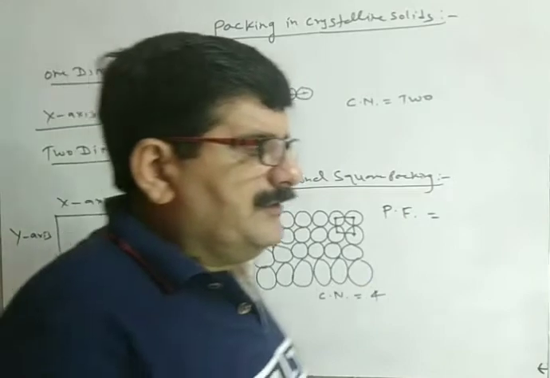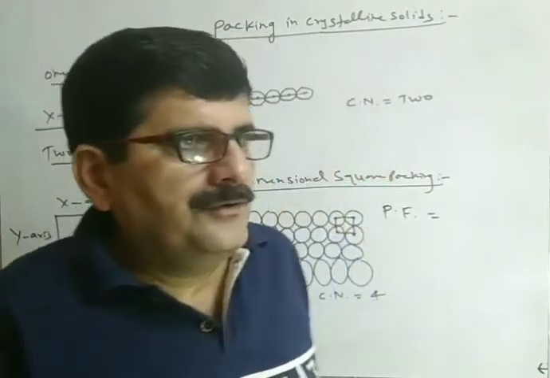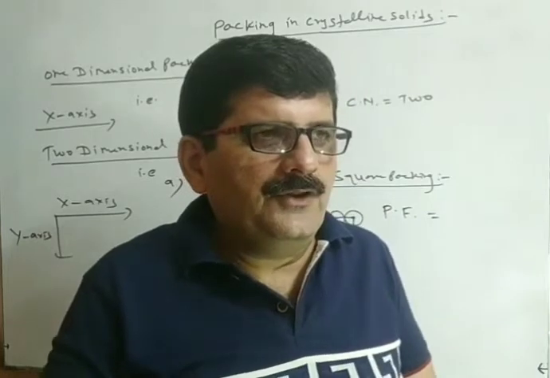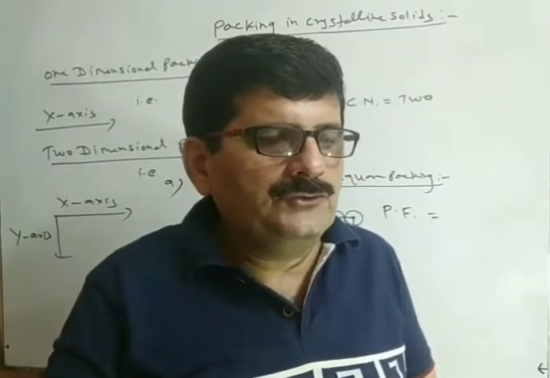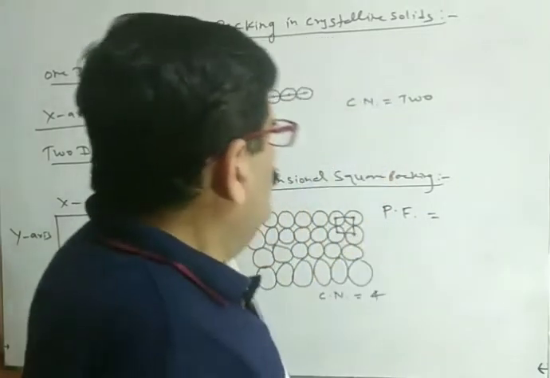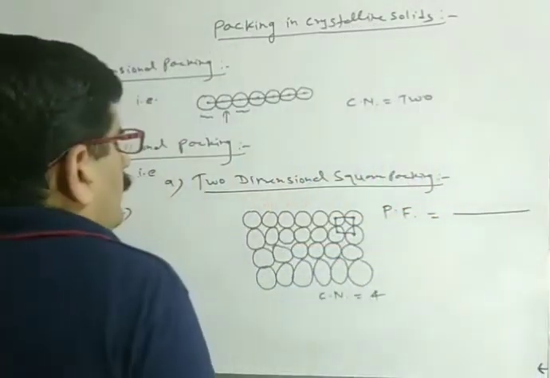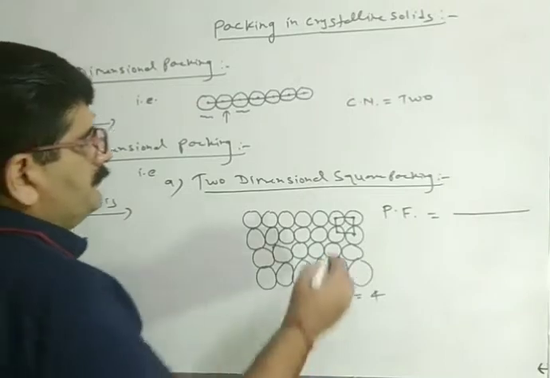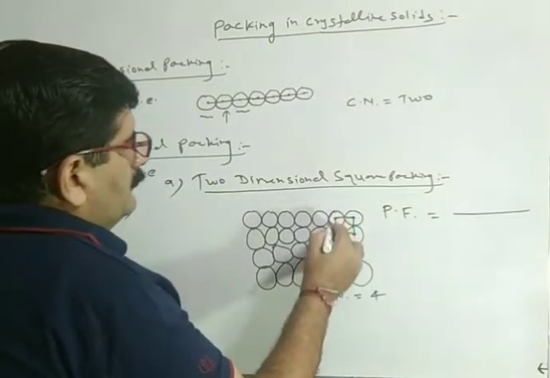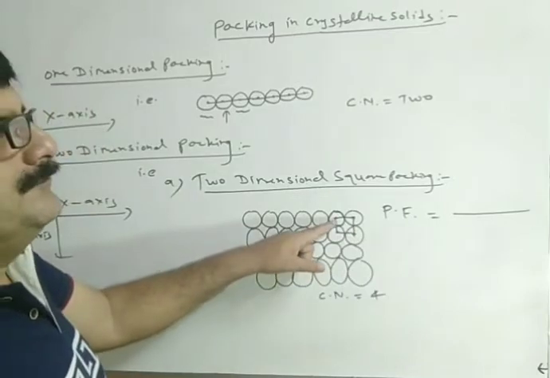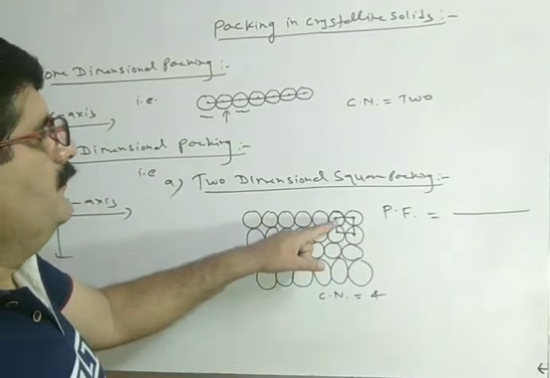In a two-dimensional figure, packing fraction is explained with the ratio of two areas. So, suppose if we consider one circle, then 1/4 part of the circle is covered by a square.